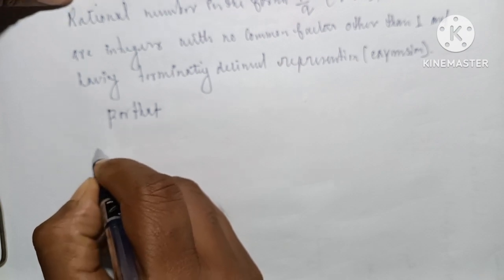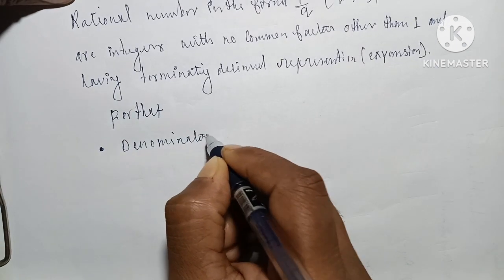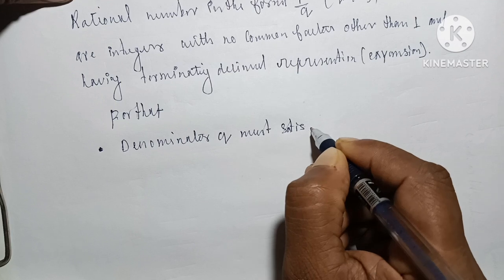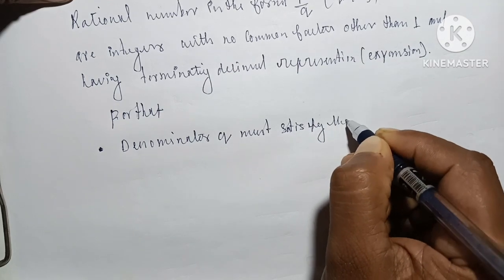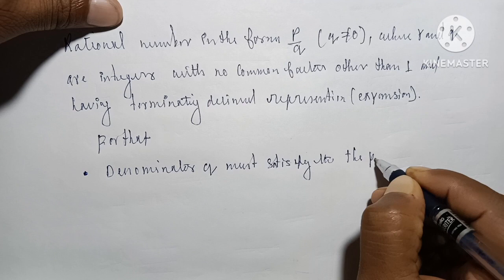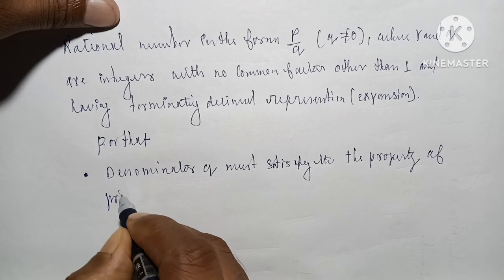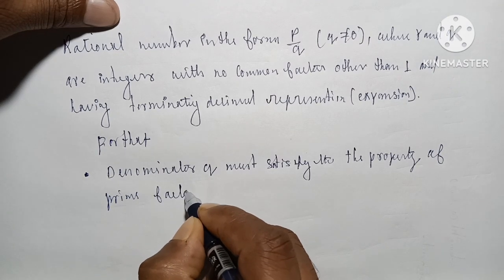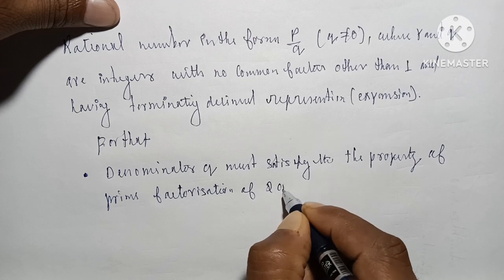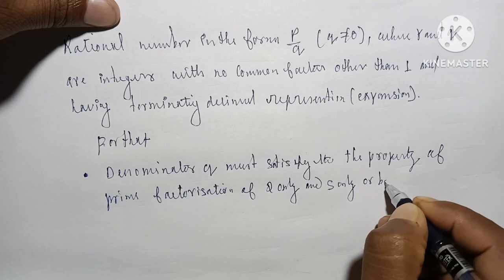We should consider that the denominator Q must satisfy the property of prime factorization of 2 only and 5 only, or both.